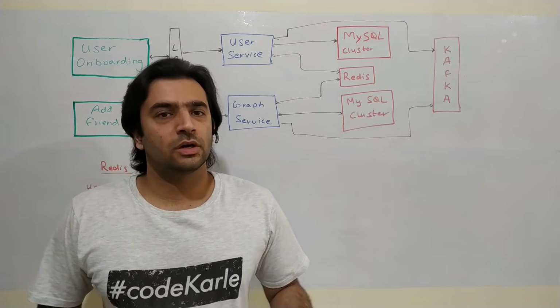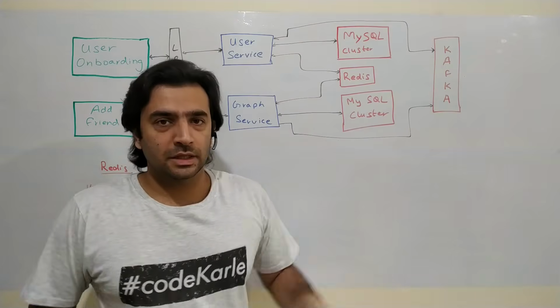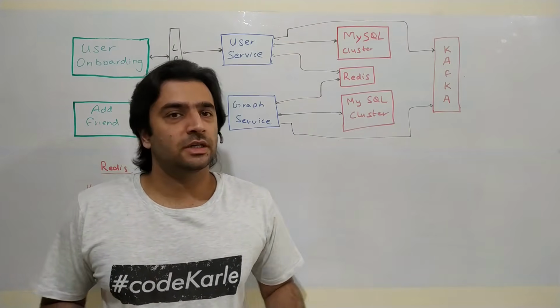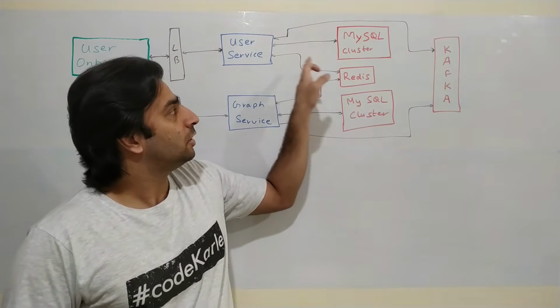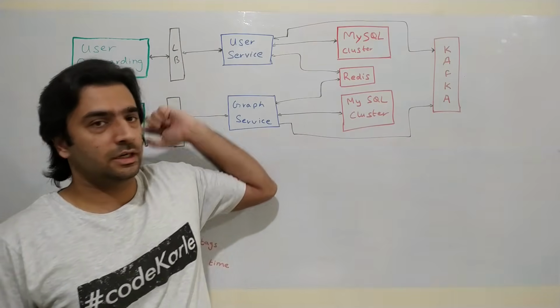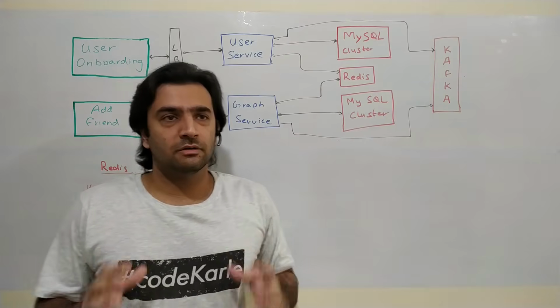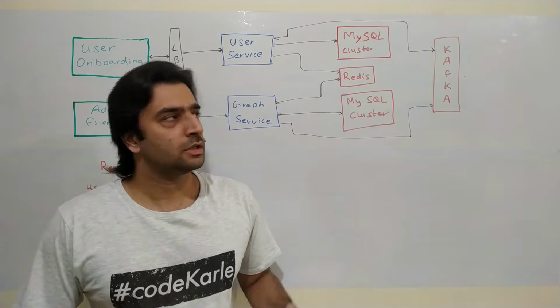So let's say if an API call comes in to fetch details of a user to user service, it first tries to look up in Redis. If it finds the information, it returns from there. If it doesn't find the information, then it queries MySQL database, gets the information, updates Redis, and then responds back to the user.